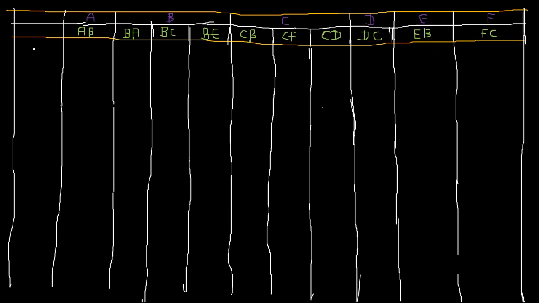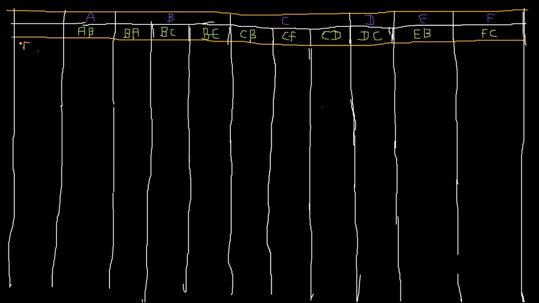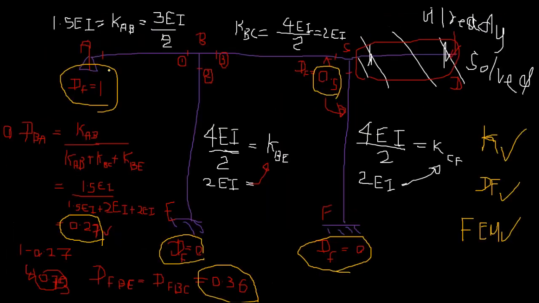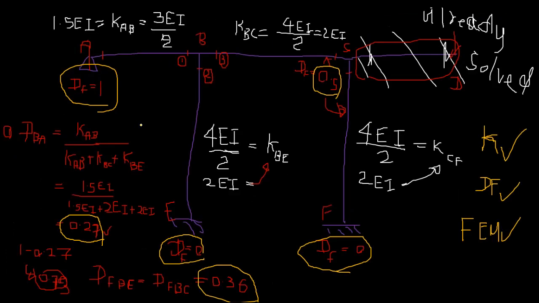Right. So I can go ahead and write the distribution factors first. AB is a fixed end that is continuous, so the distribution factor is 1. BA is 0.27.